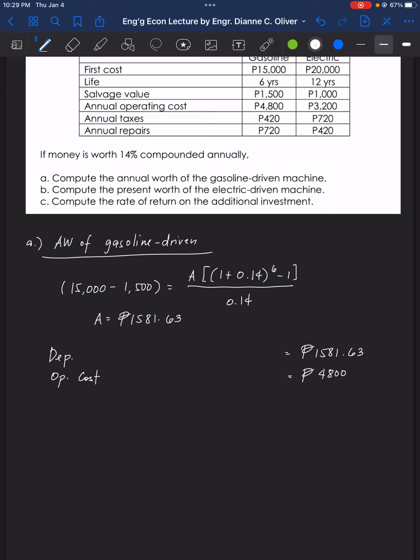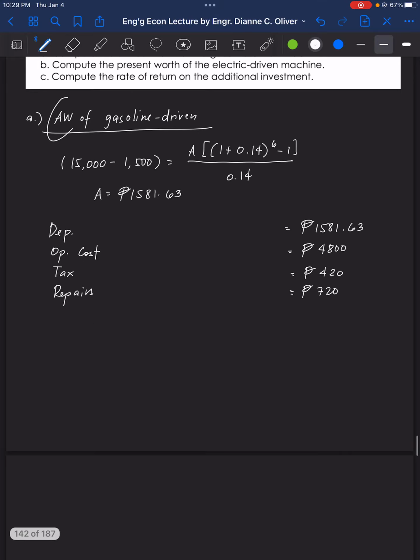For taxes 420. For repairs 720. And since we're having the annual worth here, the interest on investment. That is, the first cost here is 15,000 times 0.14.